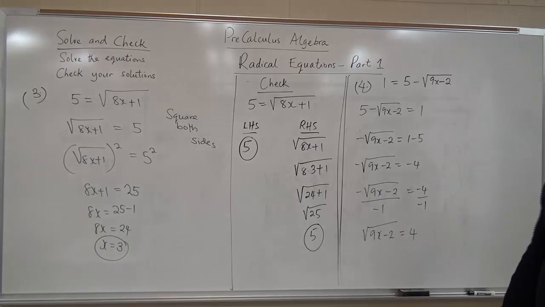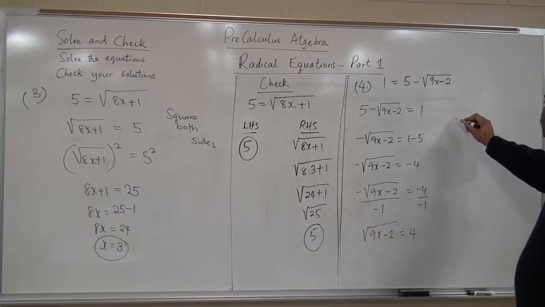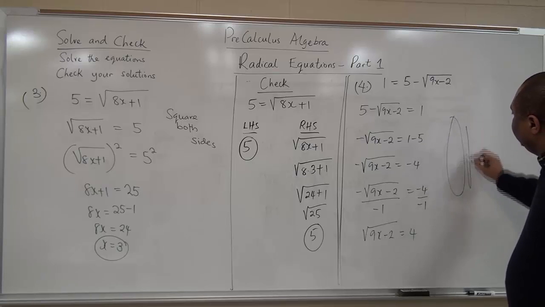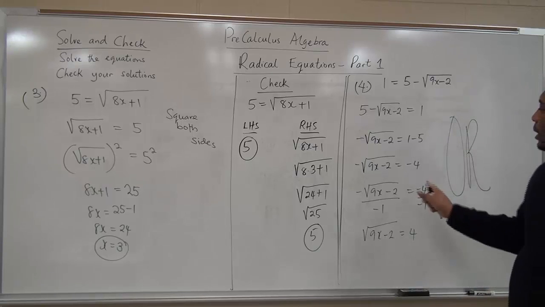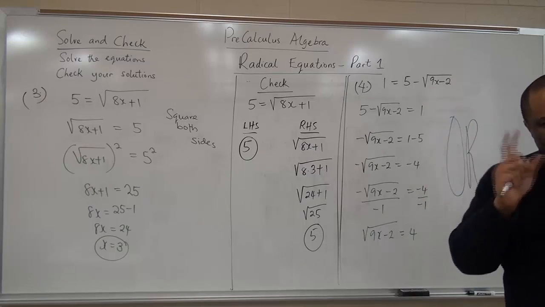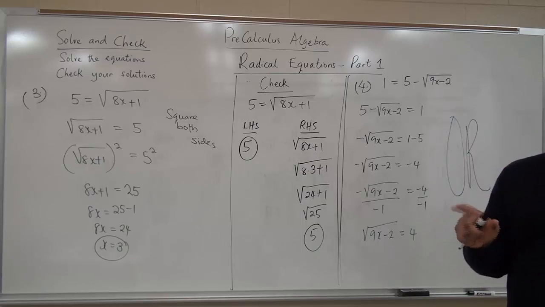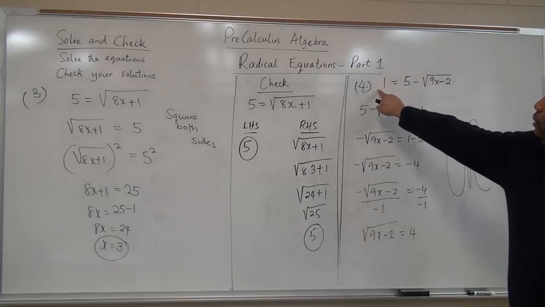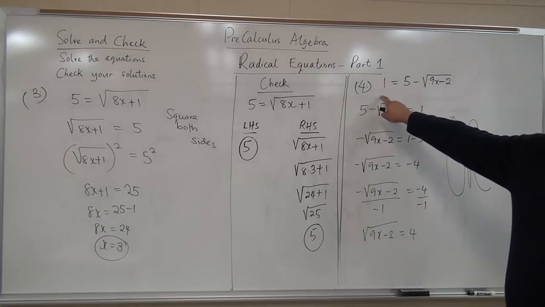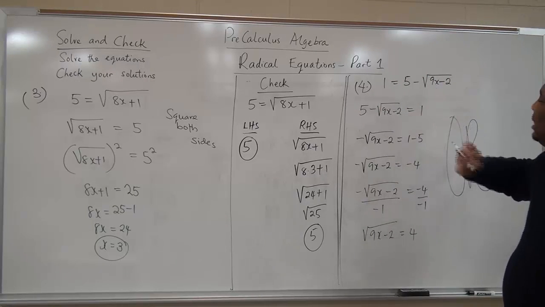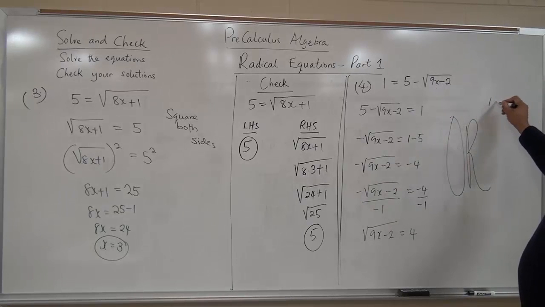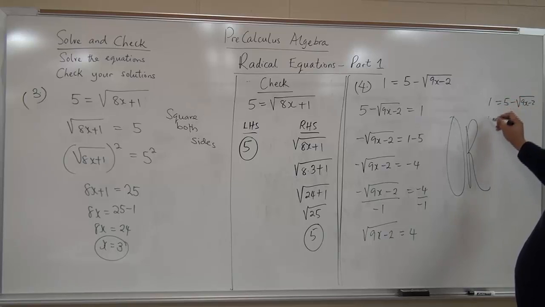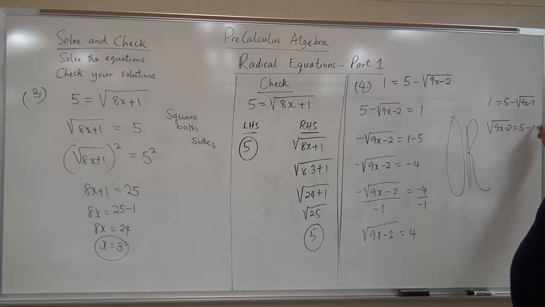And then you can square both sides. But guess what? When I taught you linear equations, there is something you can do here. From here, you can move this guy over here, and it will change the sign, and you move one over here. As simple as that. That is the way I would prefer to solve it. This is square root of 9x minus 2 equal to 5 minus 1.